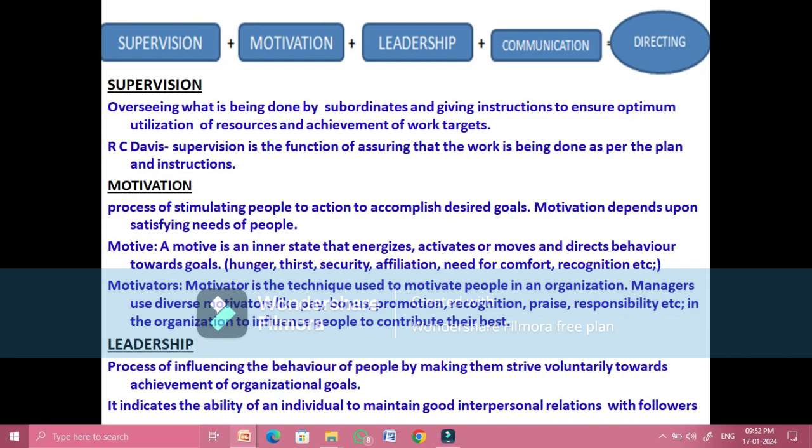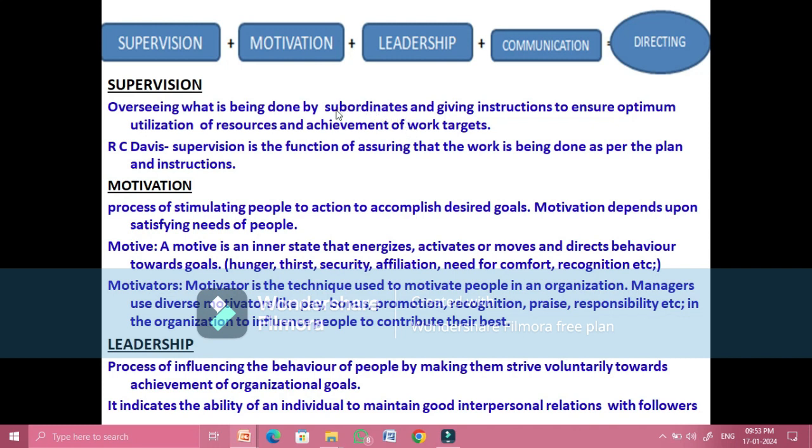That is known as supervision. Basically, supervision means the superiors will keenly observe the work of the subordinates, how the assigned work is done by them. Are they utilizing the full resources?